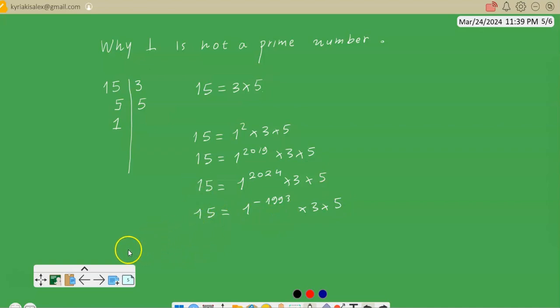So from here we deduce that 15 can be written in an infinite number of ways.